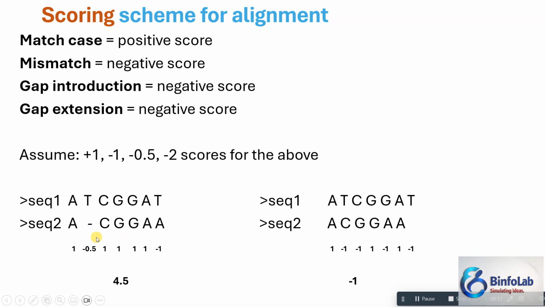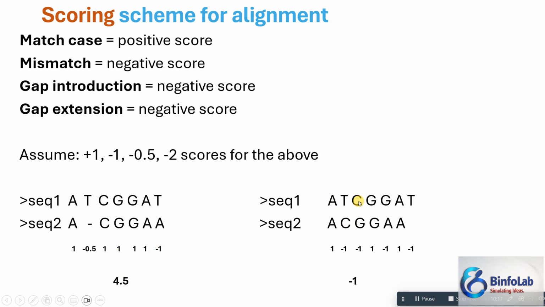If we combine this score, it will be 1, 2, 3, 4, 5, and then -1 and -1.5. So I mentioned 4.5, but I think it's 3.5, but that's okay. So the overall score will be 3.5 or 4.5.